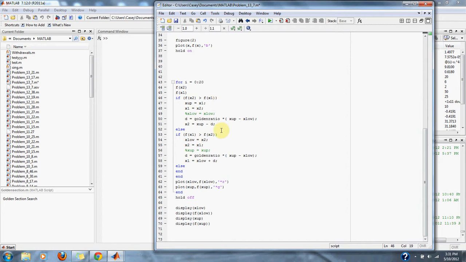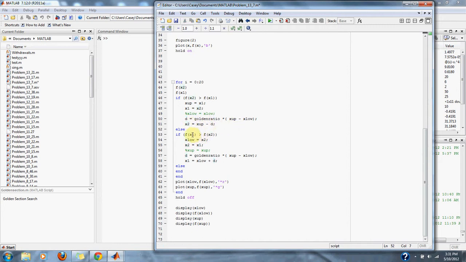by the conditions of the golden ratio search. So if f of x2 ends up being greater than f of x1, then x upper is equal to x1, and x1 is equal to x2, x lower will stay the same, and then we must compute d again to find our next x2 value.